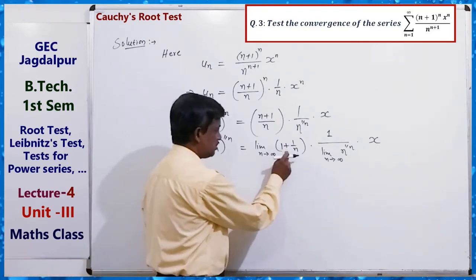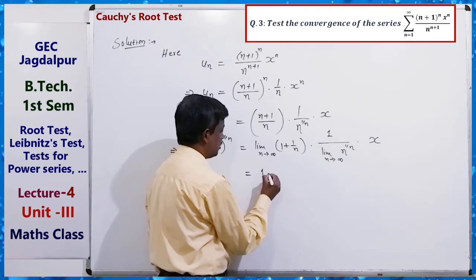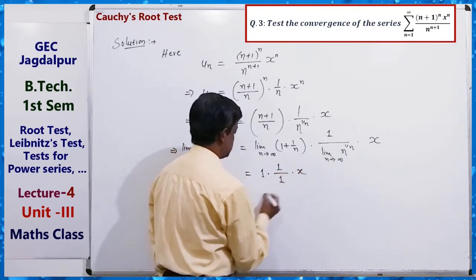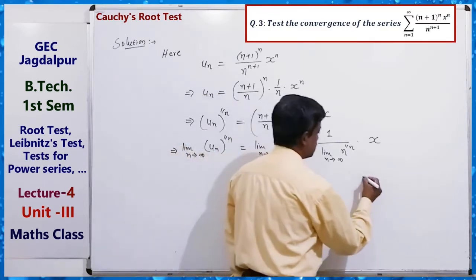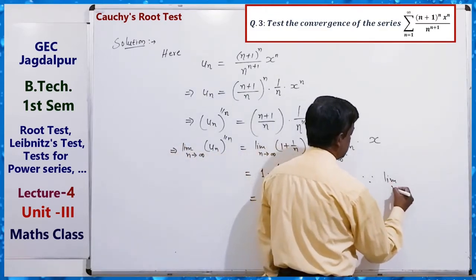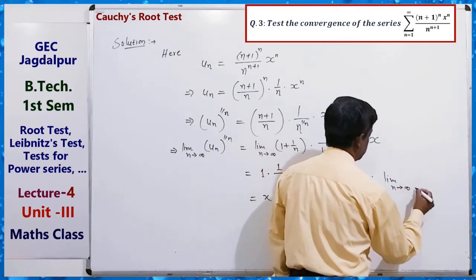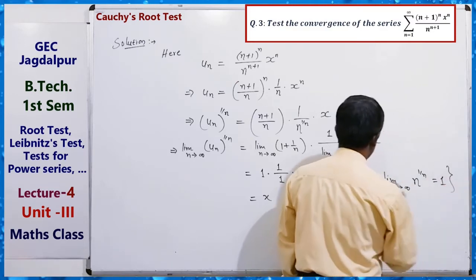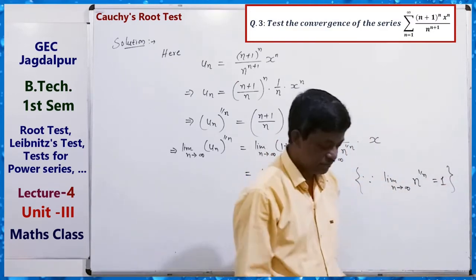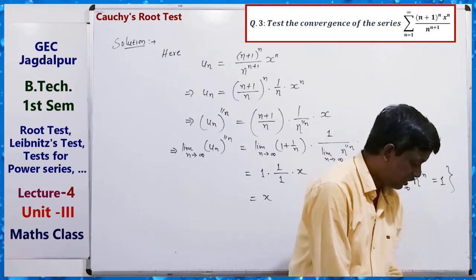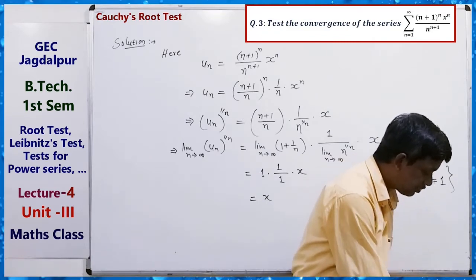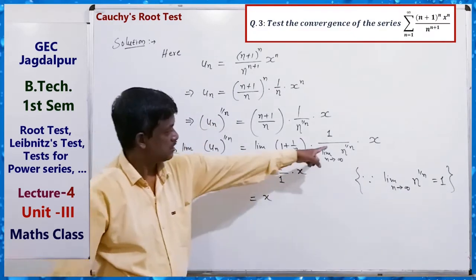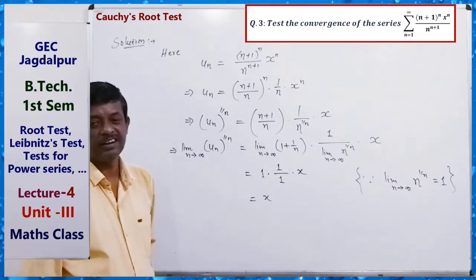This is 1, and the limit of n to the power 1 by n equals 1. This is a standard result. So we can find the limit very easily. The final limit is x.